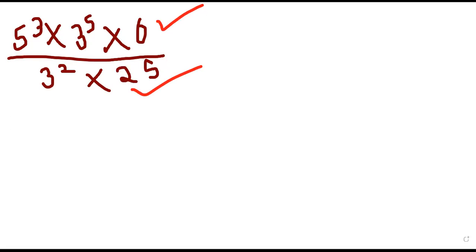3 square is 9, 3 cube is 81. Sorry, 3 cube is 27. Now what is 6? We can write 6 as 3 into 2.